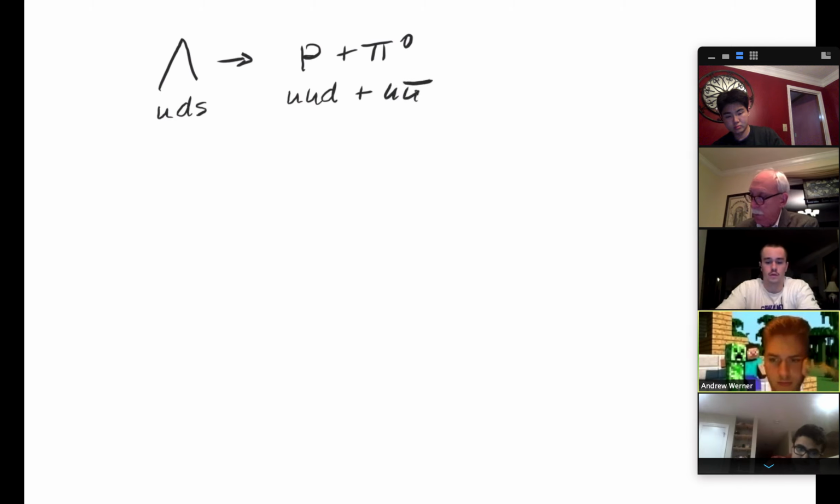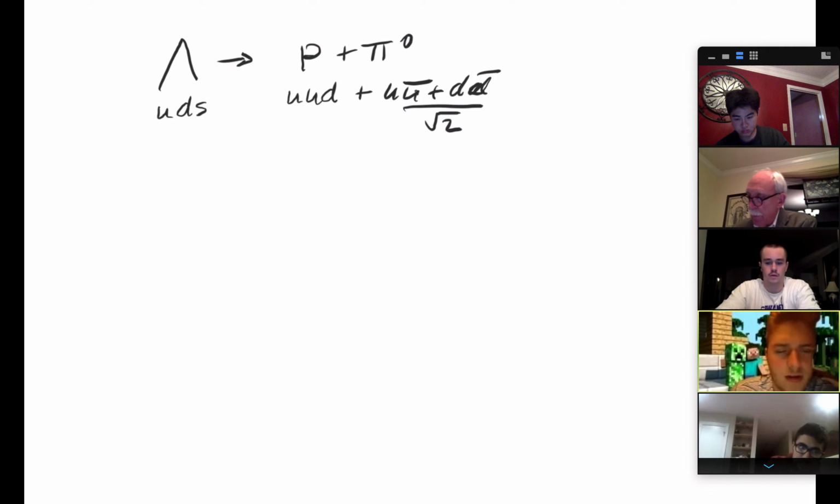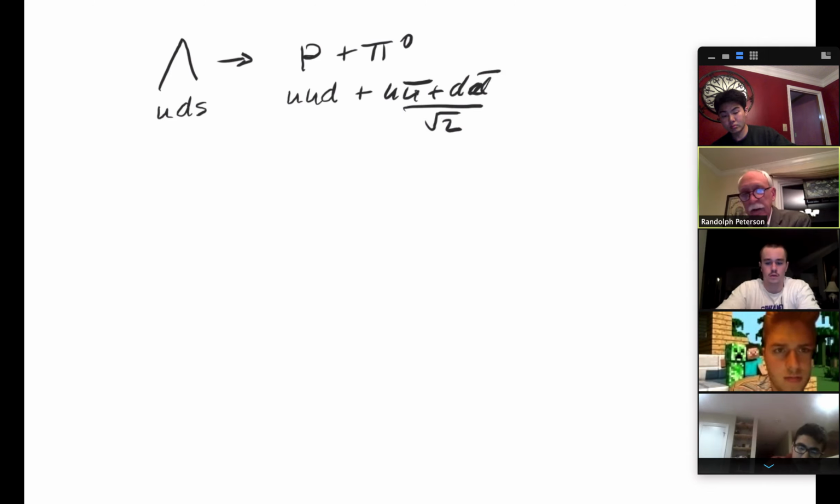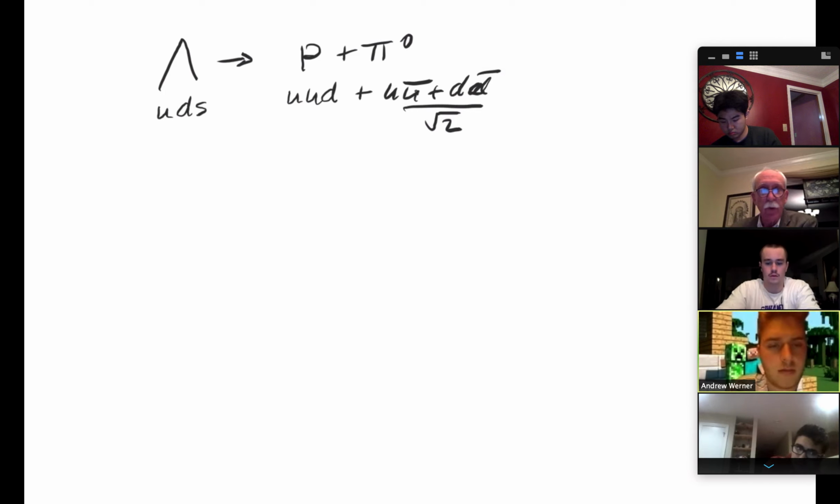There's also another one for it. It's D anti-D. It has a comma in between the two. What exactly does that mean? That means that they're actually added together and you multiply by the square root of 2. Okay.